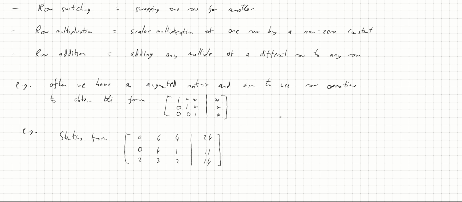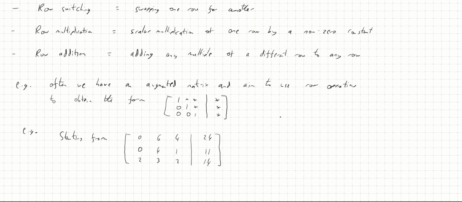Okay, now notice we want to get these zeros below that leading diagonal. So one way to start would be to switch that bottom row where there's a 2 in the first column, switch that to the top so that we have our zeros below the leading diagonal. So that would be a row switch.